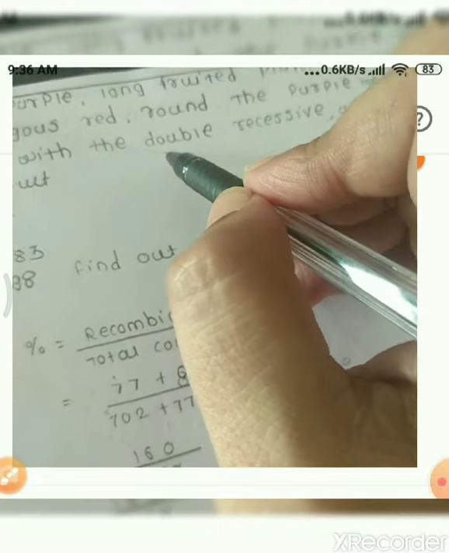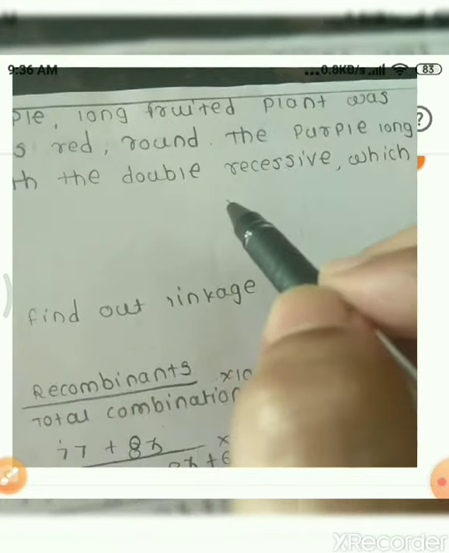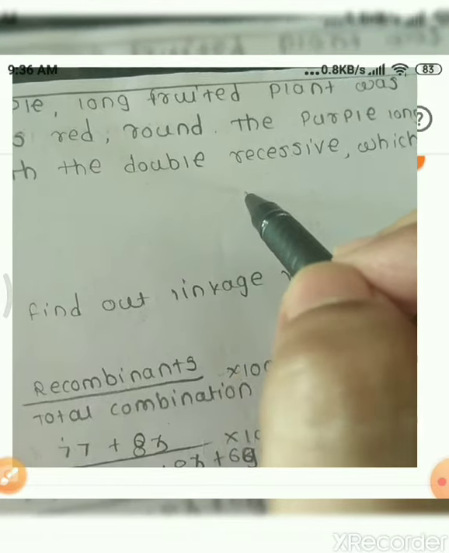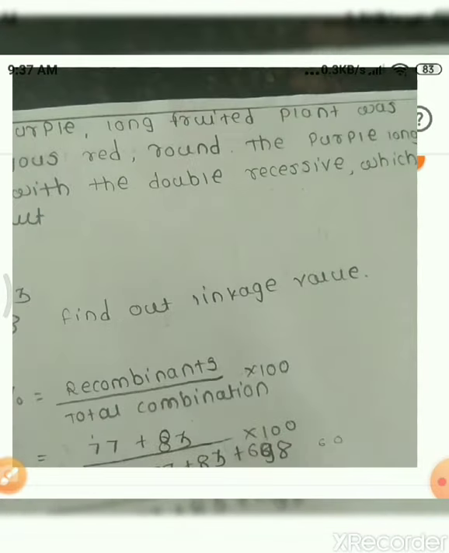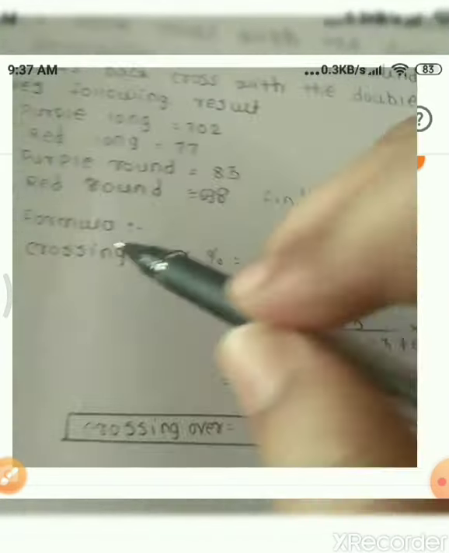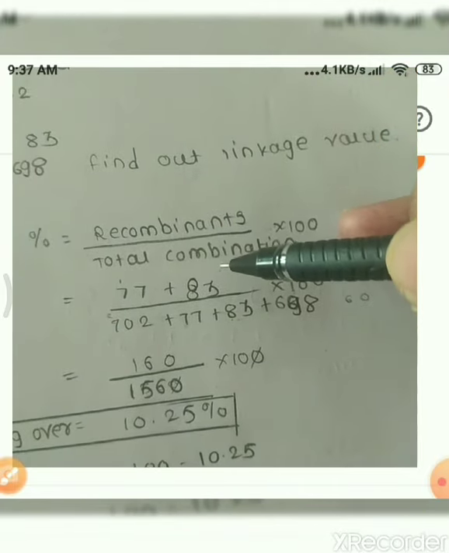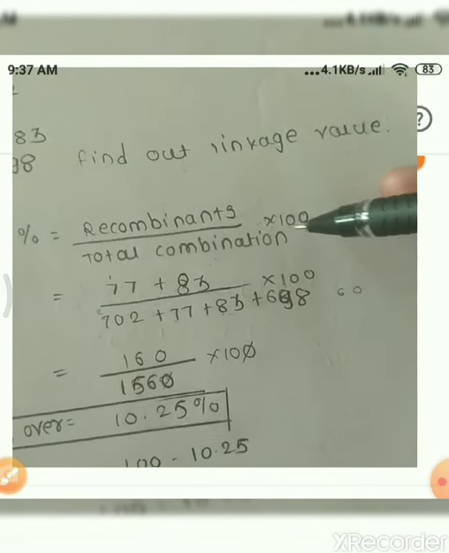This word, double recessive parent, is very very important. Whenever this word appears in our problem, in that case we will use this formula, that is crossing over in percentage is equal to recombinants upon total combinations multiplied by 100.